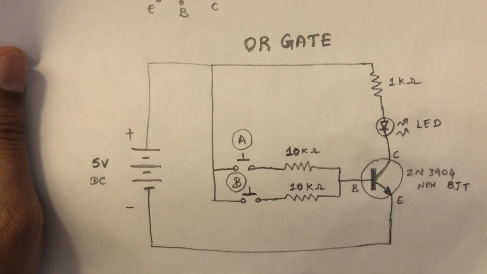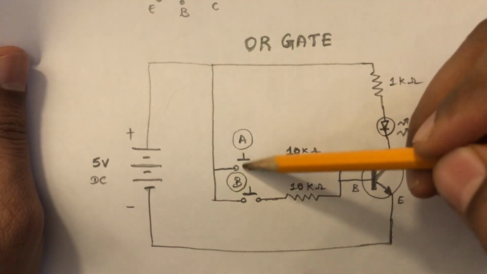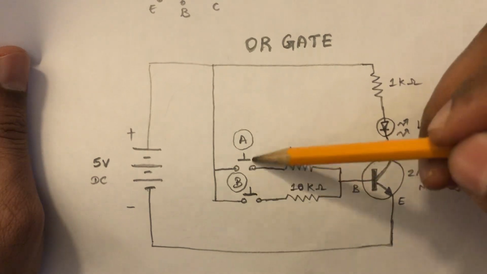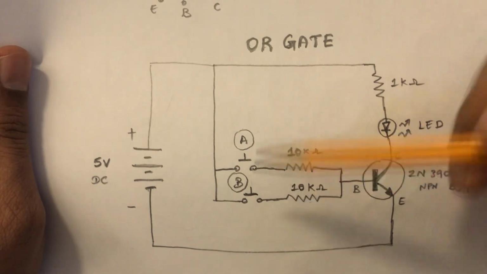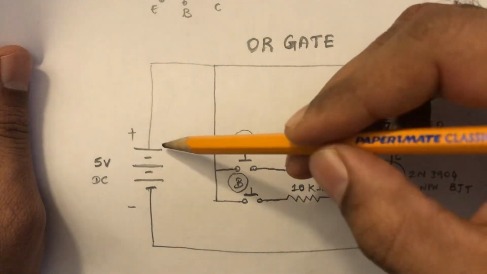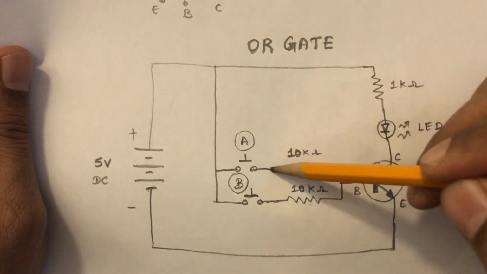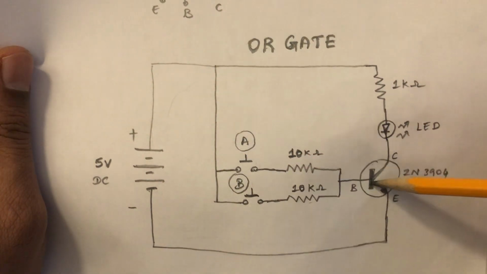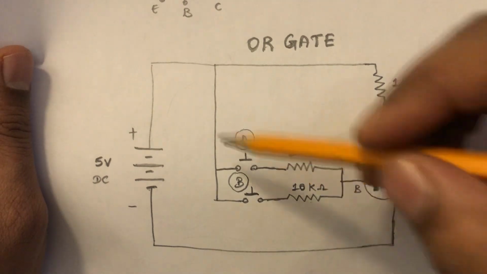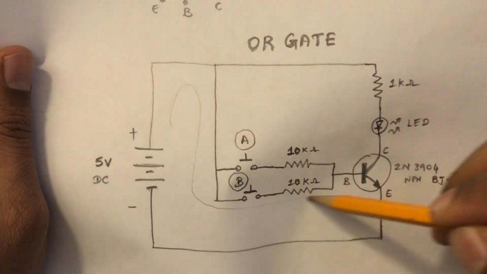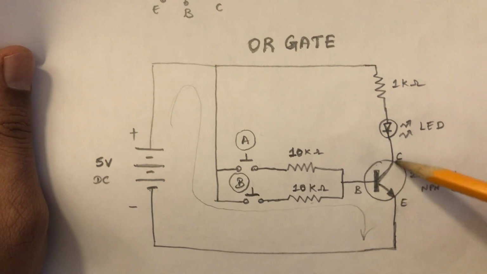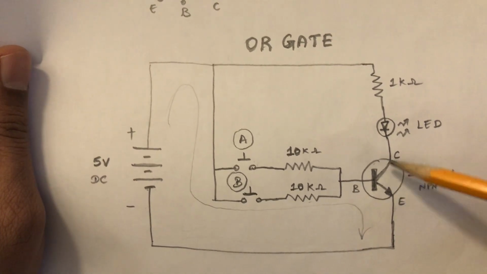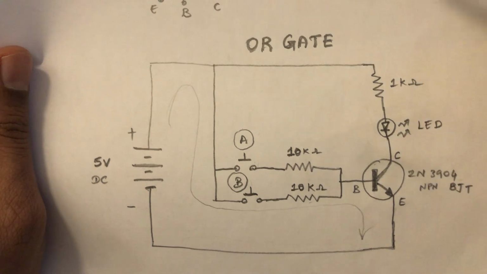So what we are trying to do is, when we switch on one of these switches, which would act like the input to the logic gate, the current would start flowing in this direction to the base and to the emitter. When current starts flowing in this direction, the base to collector region would start conducting like we saw previously.